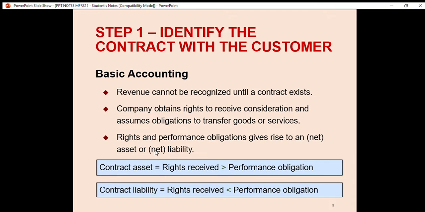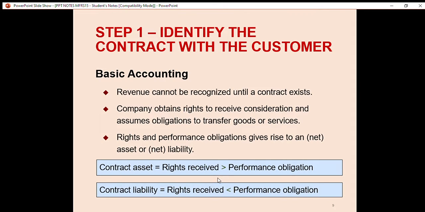Contract asset will arise when the company has performed its obligation, or the company has satisfied its performance obligation but has not yet received payment from its customers. So when the company has performed its obligation but has not yet received payment or consideration from its customers, it will give rise to a contract asset.